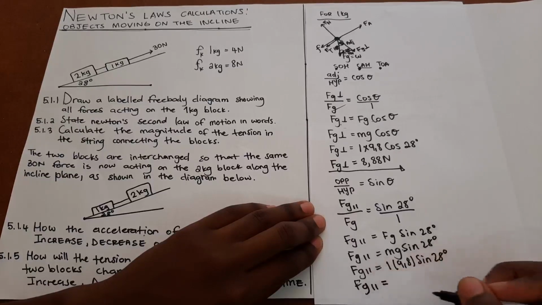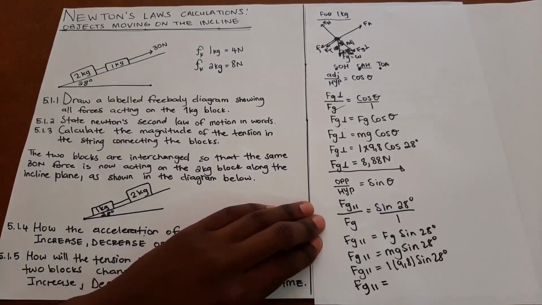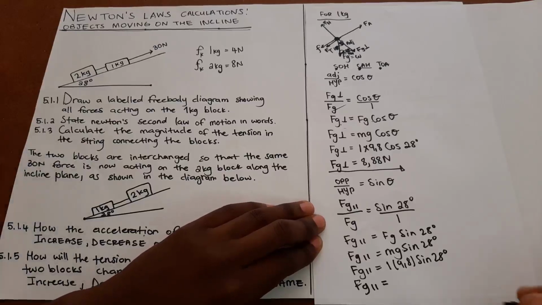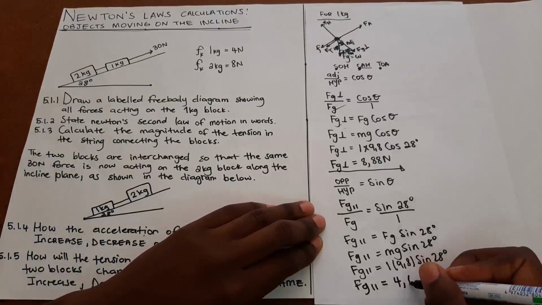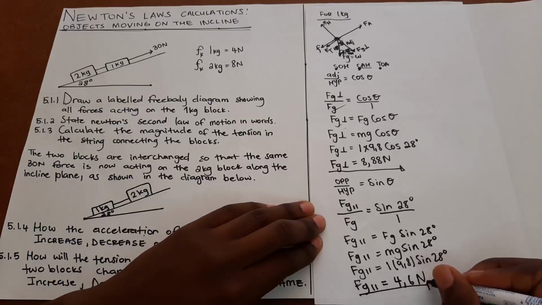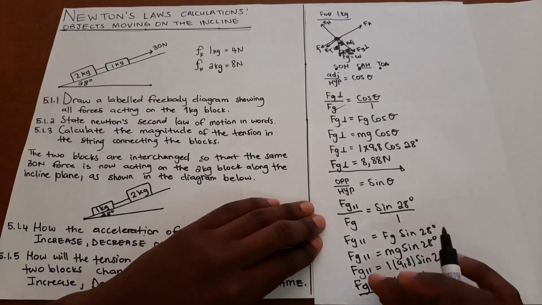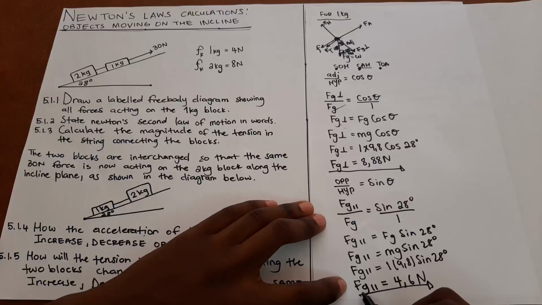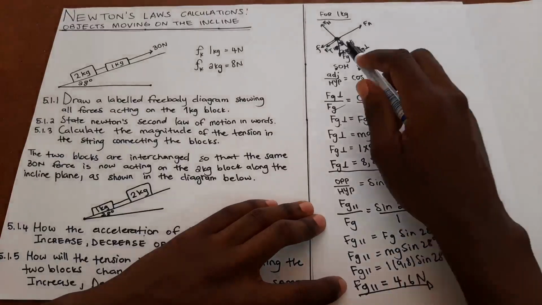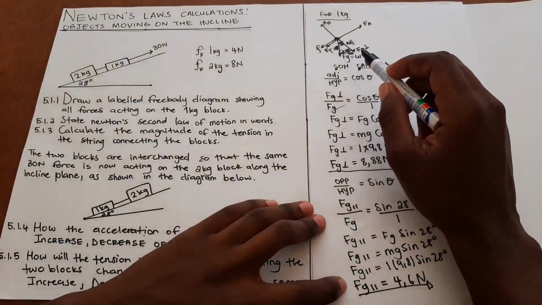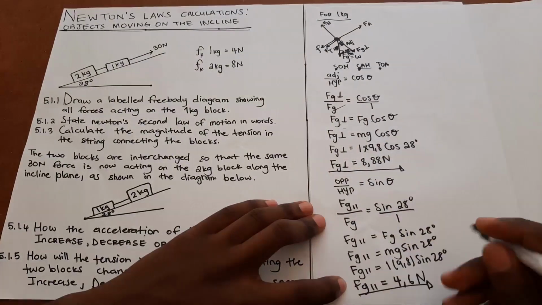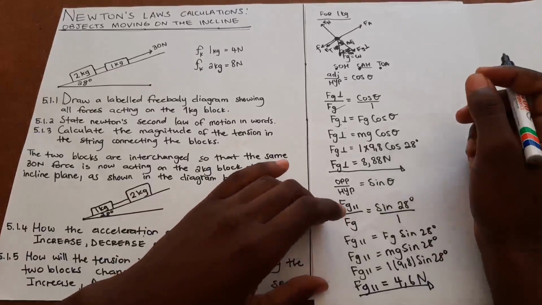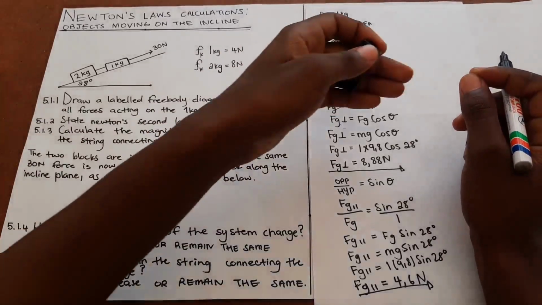Fg parallel will be equal to 4.6 newtons. And this is the gravitational force that is acting parallel. That's how it goes.